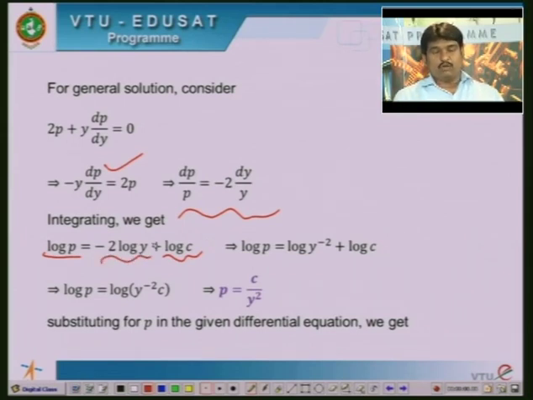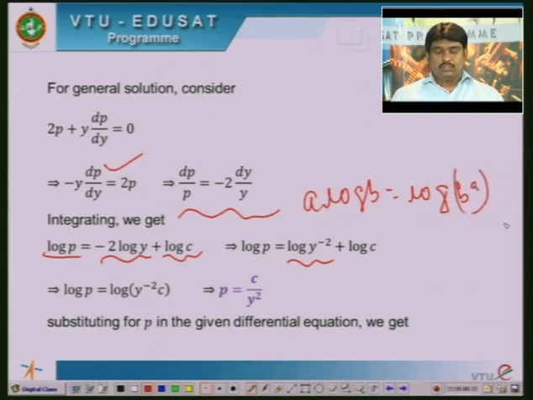Now -2 log y can be written as log of y to the power of -2 using the property of logarithms, a log b = log b^a, plus log c as it is.